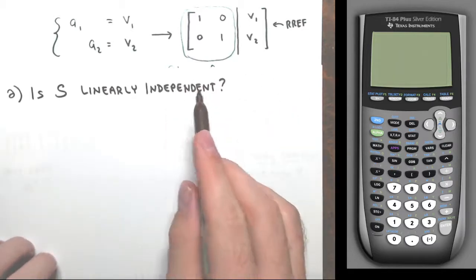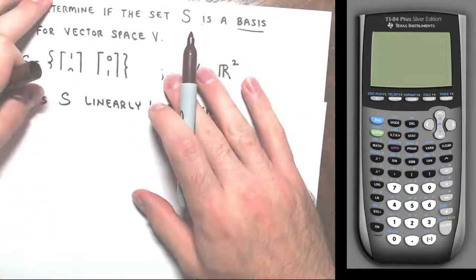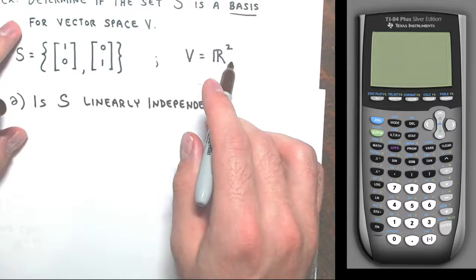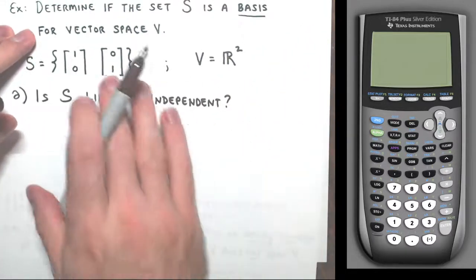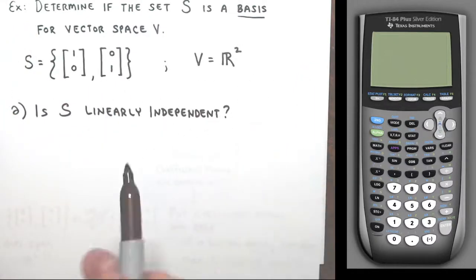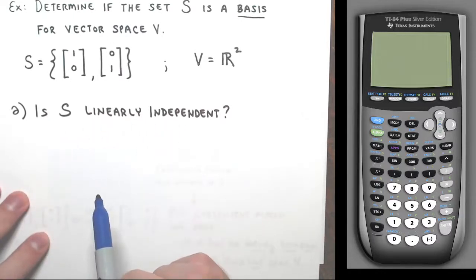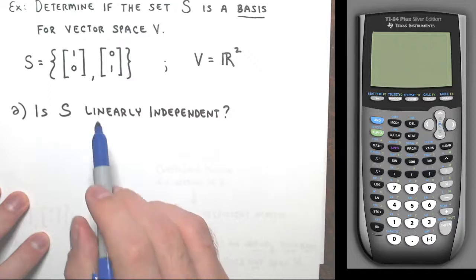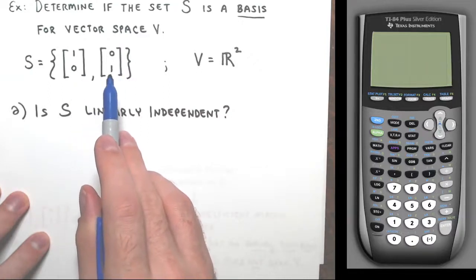And if the answer to this is no, then by definition, this set S would not be a basis of R2. And if the answer to this is yes, and the first question was yes, then this is a basis of R2. So remember the check for independence or dependence: you ask yourself, is there a linear combination?